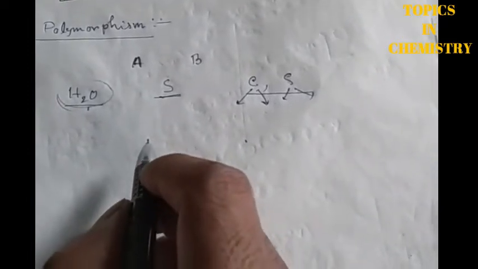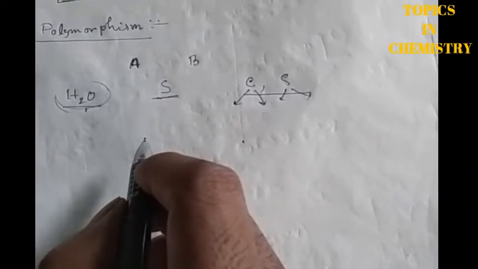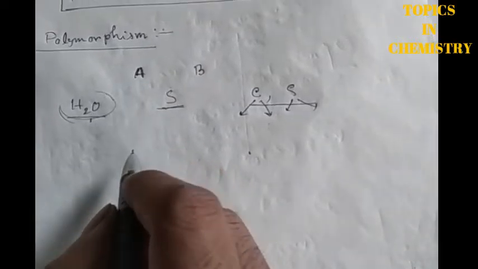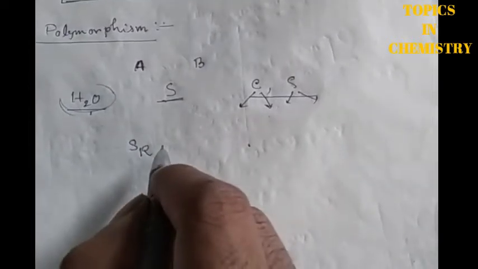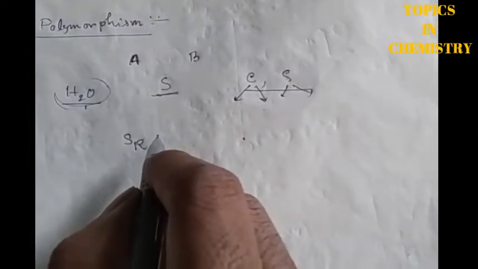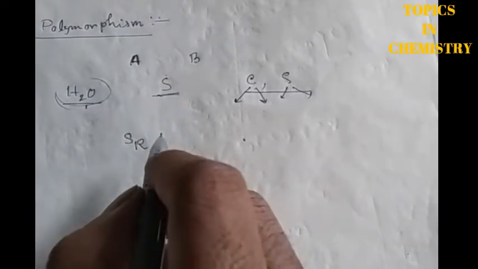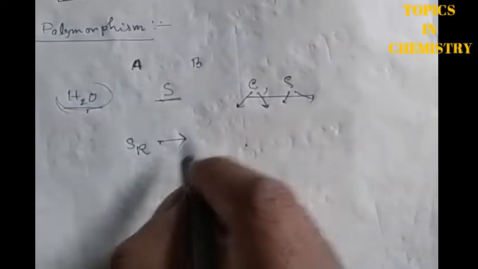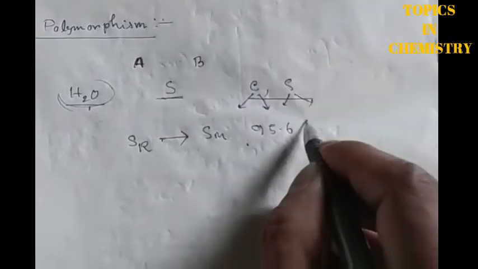Now if you consider sulfur, it can exist in two different forms: monoclinic sulfur and rhombic sulfur. Suppose this is SR, the rhombic sulfur. If you heat rhombic sulfur under a pressure of 1 atmosphere, it changes into monoclinic sulfur at almost 95.6 degrees Celsius.